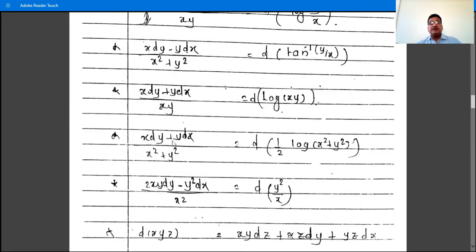And if there is a plus sign, suppose (x dy + y dx)/(x² + y²), then it is the derivative of 1/2 log(x² + y²). So use either this or this.